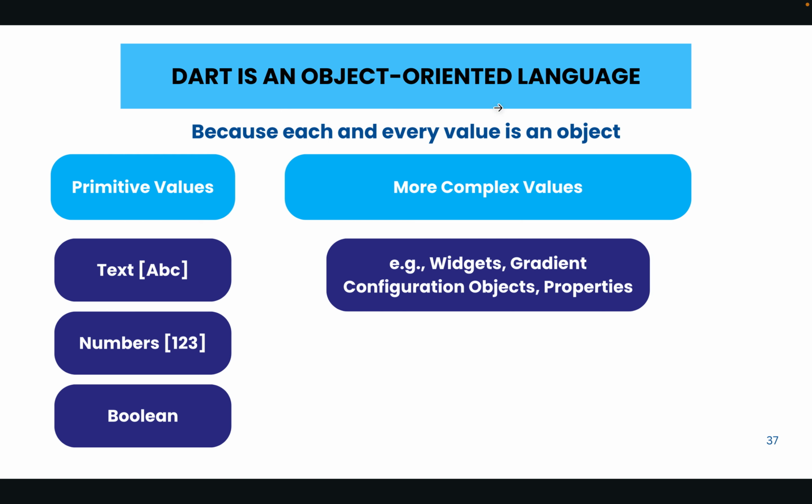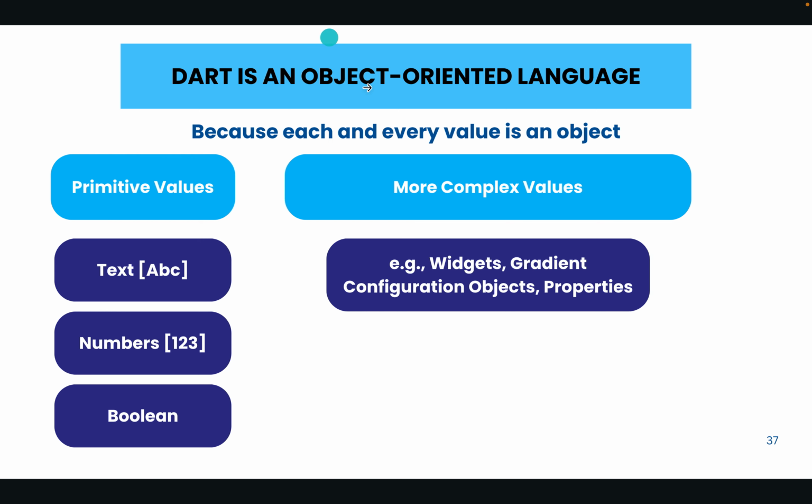We already know what exactly Dart is. And in this object oriented language, we know that each and every data structure, for example text, number, float values, each and everything is an object.